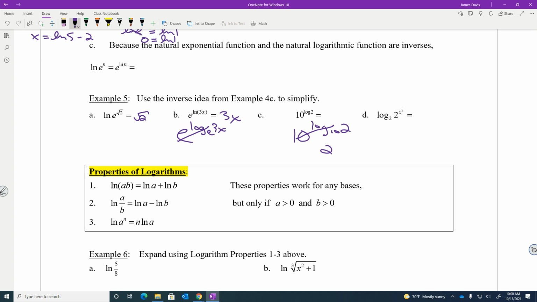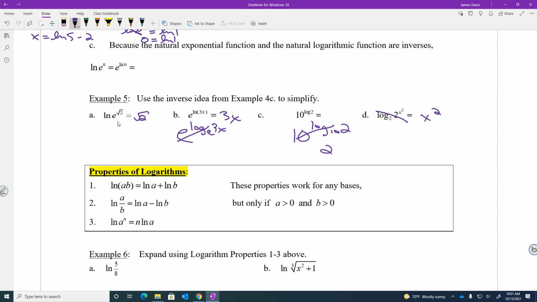This is log base 2 of 2, so those cancel. So the main thing to get out of this is logarithms and exponentials are inverses, so if you do an e or an exponential to the log, they cancel, or a log of an exponential, they cancel. That's the big takeaway.